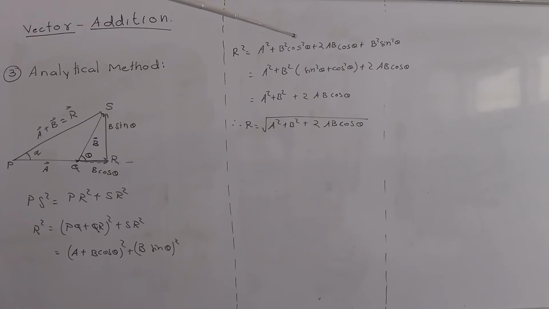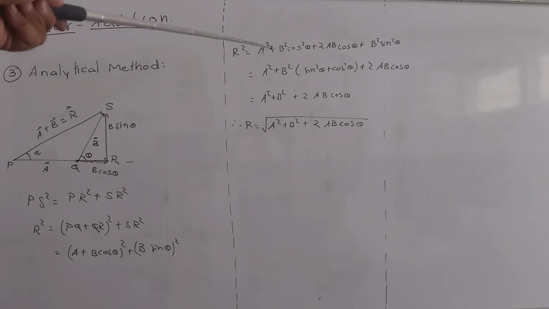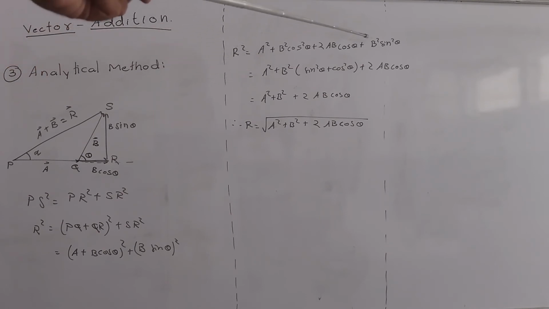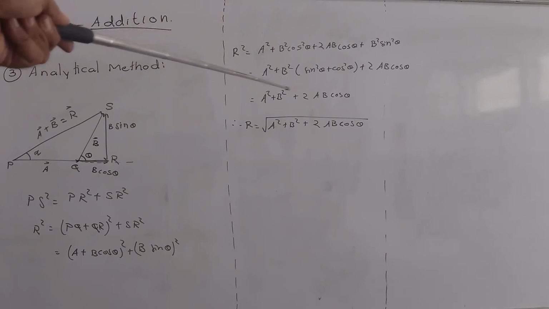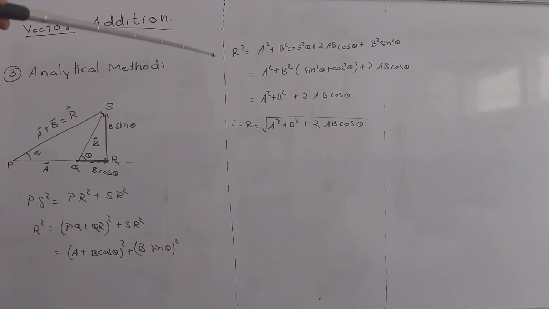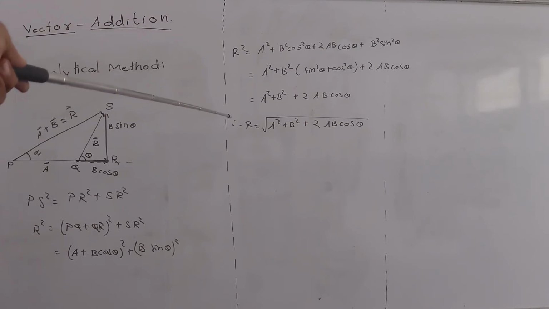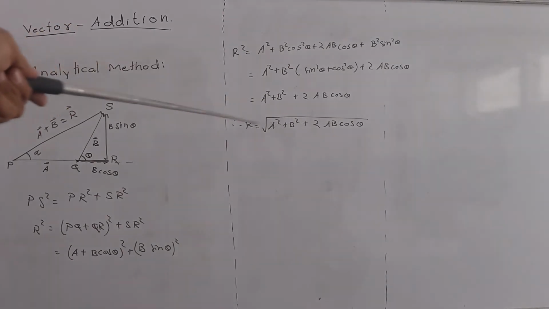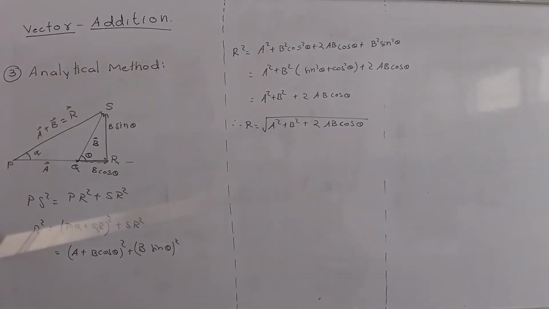This is B square cos square theta, B square sin square theta. Taking B square common, what is left in the bracket? Sin square theta plus cos square theta. The value of sin square theta plus cos square theta is equal to 1. So what you get is A square as it is, B square multiplied with 1 simply becomes B square. Then 2AB cos theta is written as it is. This is all equal to R square. Then what will be the value of R? R will be the square root of A square plus B square plus 2AB cos theta.